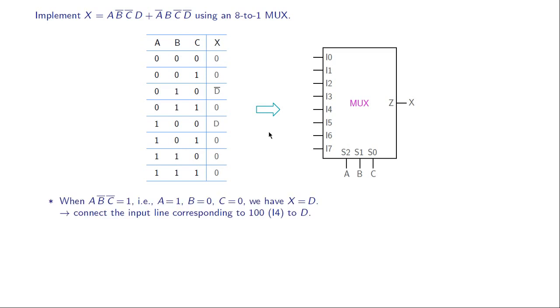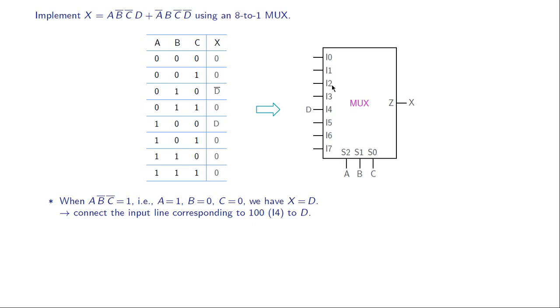The rest is straightforward. We can now consider these minterms one by one and figure out what we should connect over here. Let's take this minterm, that is right here. So we have A, B, C equal to 1 0 0. 1 0 0 is decimal 4. So this line I4 should then be connected to D, like that. The second minterm is here, and in that case our ABC is 0 1 0, that is decimal 2.